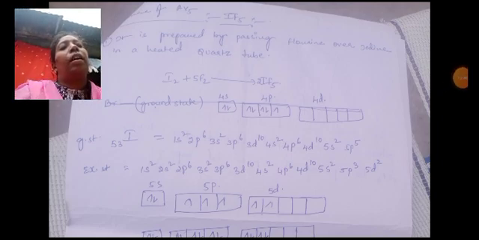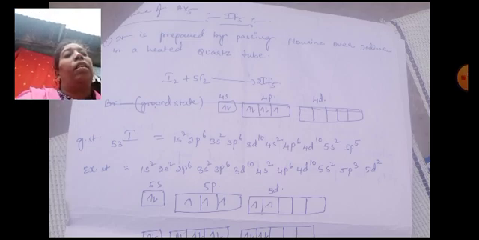Coming to the structure and bonding, the atomic number of iodine is 53.